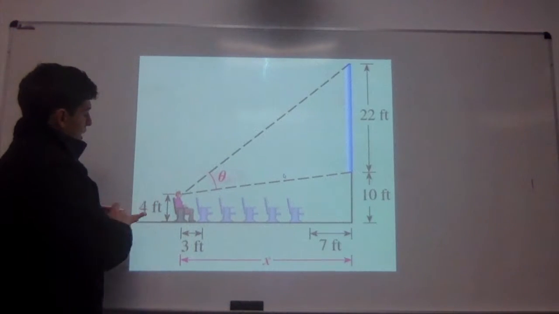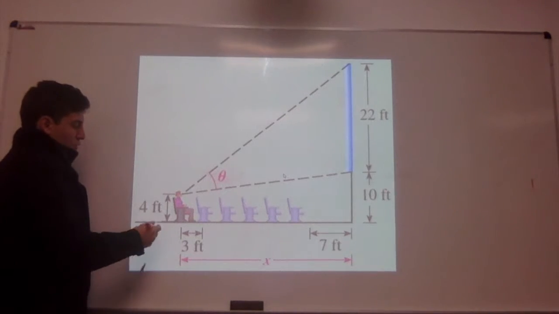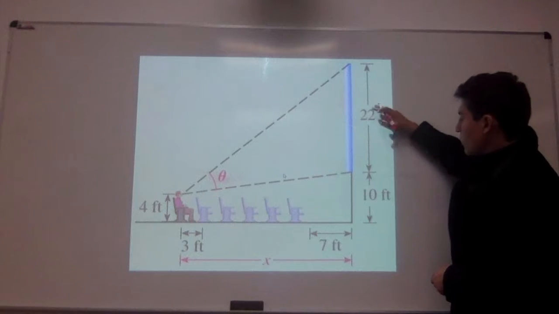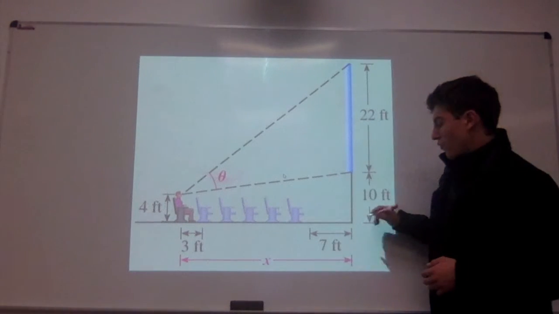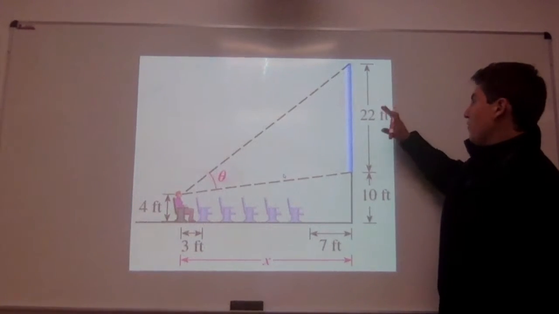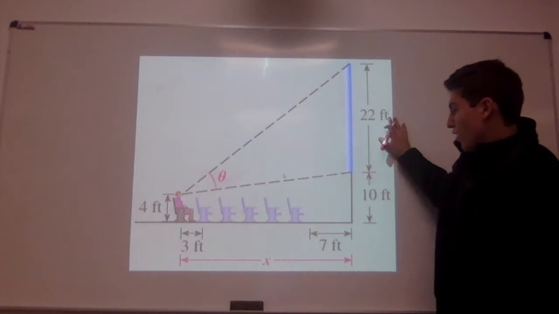In this problem, we have this image. We have the distance from the screen to the floor is 10 feet. Then we have the height of the screen is 22 feet.